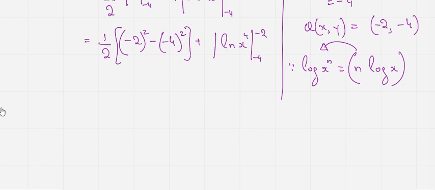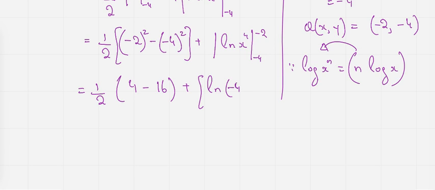So we move further down and keep going with our calculation. It is going to be minus 2 to the power 4 minus 16, plus now we apply here our log values. It's going to be ln of minus 2 to the power 4 minus ln of minus 4 to the power 4, just like that.